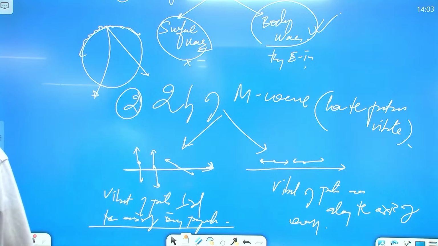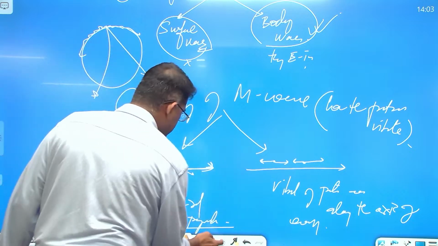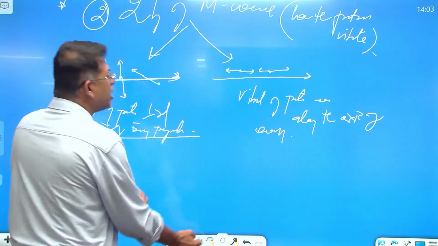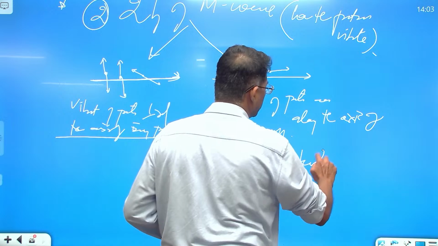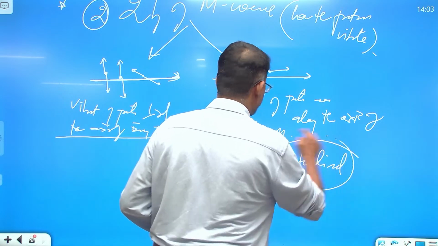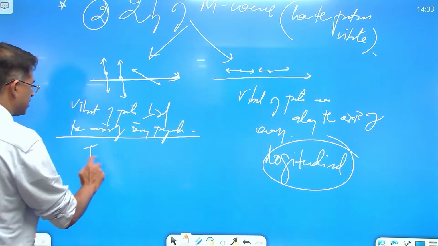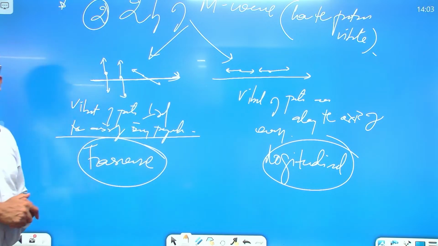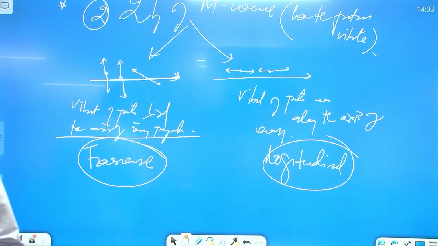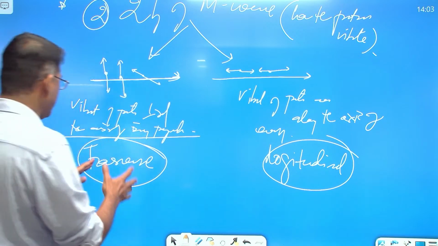ये दो तरीका होता है. We call these longitudinal waves, and we call these transverse waves. Okay. इसका अलग नेम है.